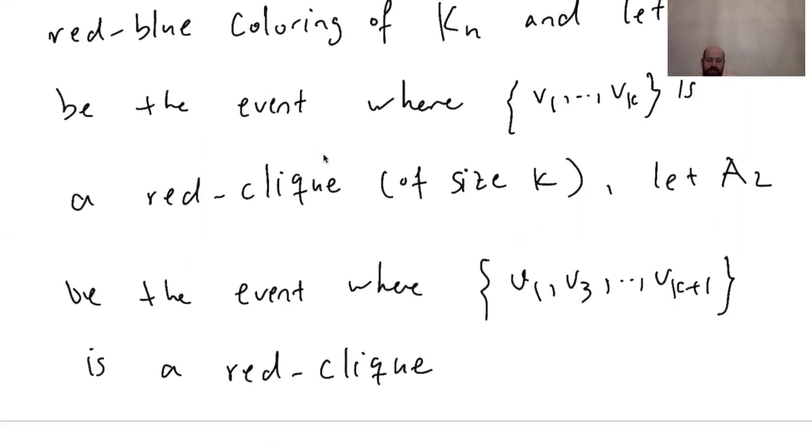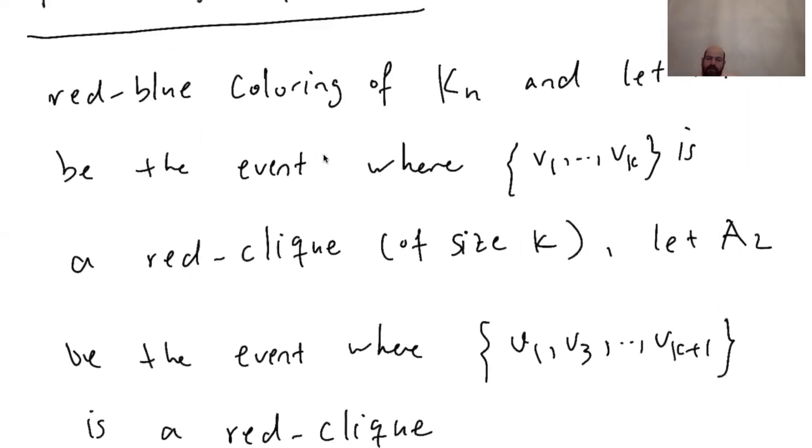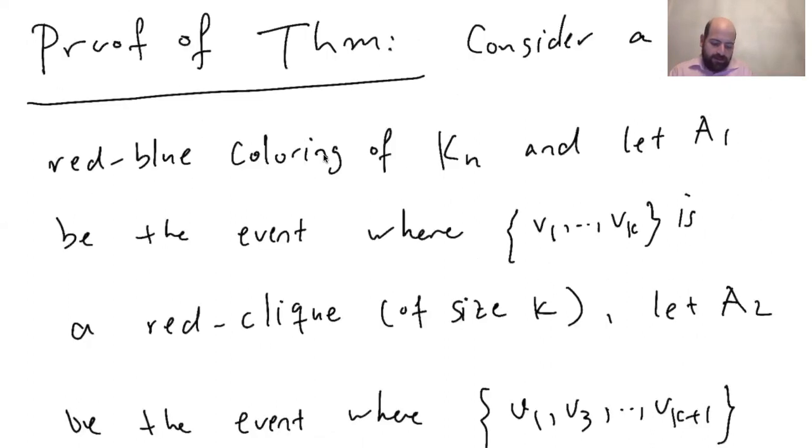Okay, and so how many such Ai do I have? I'm considering a random red-blue coloring of K_n. K_n has n vertices, so I'm calling them V1 to Vn, the set of vertices.